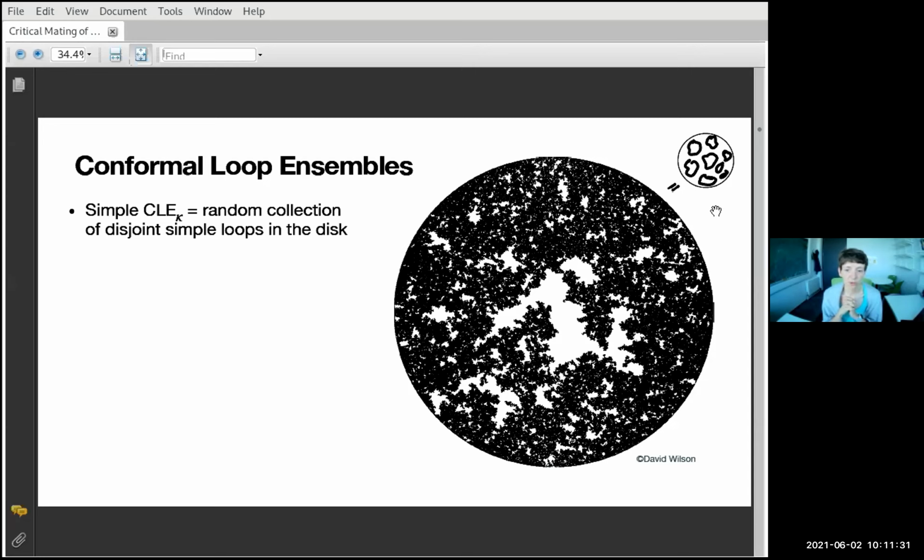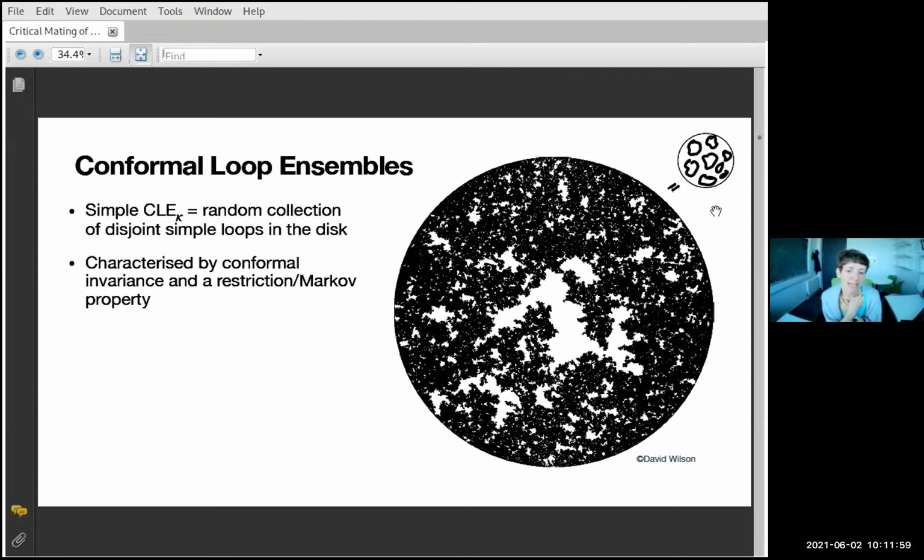All right, so these are very central objects in random planar geometry. And one reason why they're so important is because they're actually characterized as the only possible collections of random disjoint simple loops that satisfy two very natural properties, which are conformal invariance and a certain spatial Markovian property. So we don't really need to know about this for this talk, but I do need to talk a little bit about conformal invariance.